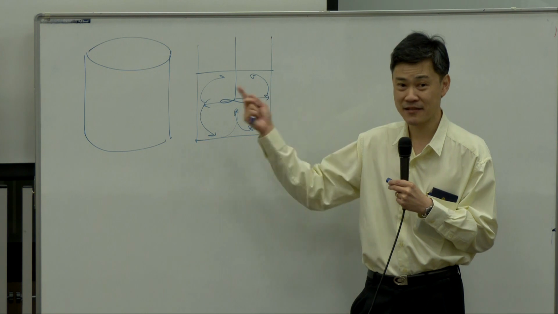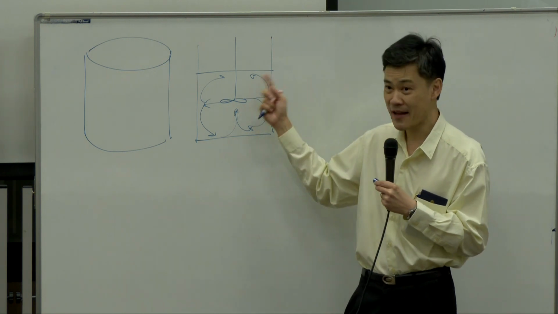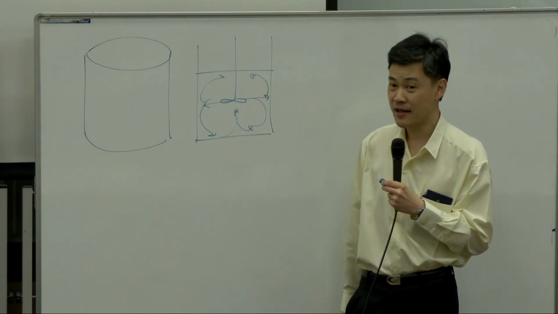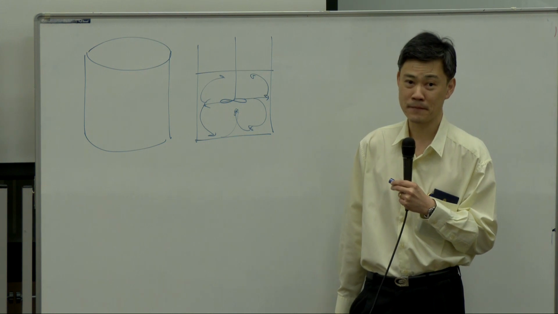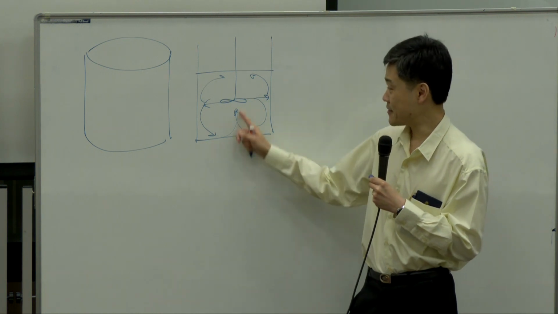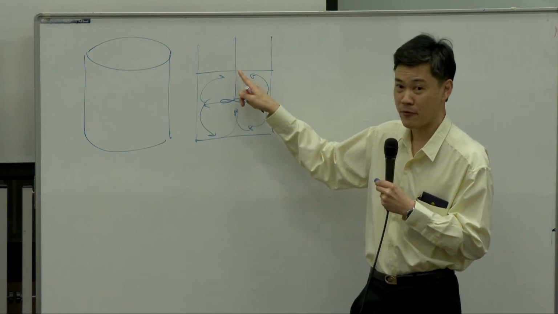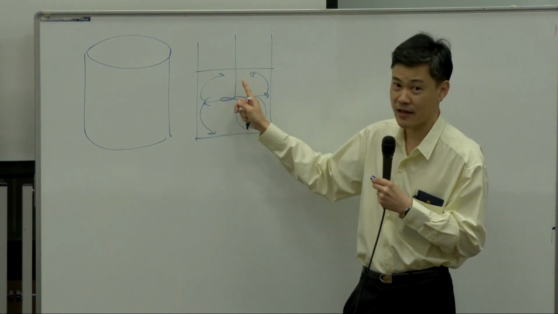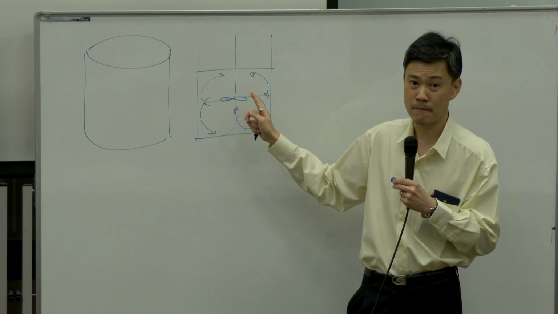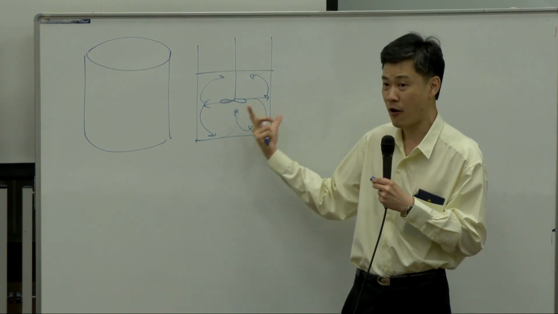It's a mixing tank, it goes around, so there is v theta. Is there any vz? Yes, there is vz over here. It goes down and going up, right? The flow up and down like this, that's vz. So in this picture, you have all three components.